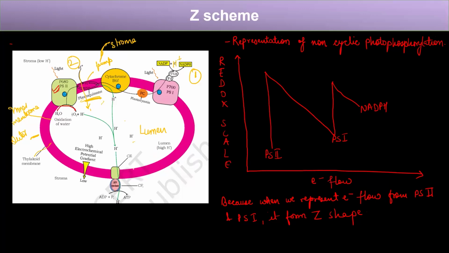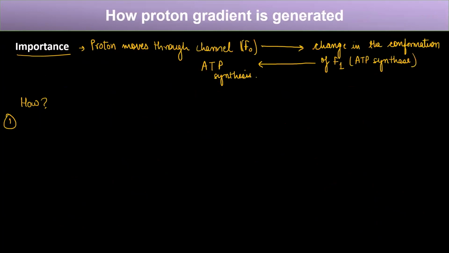The third thing is the oxidation, or lysis, of water. It leads to the formation of oxygen and hydrogen ions, and this reaction happens in the lumen. If you compile all three, this leads to an increase in the concentration of hydrogen ions in the lumen and a decrease in the stroma. This is how the proton gradient is created.